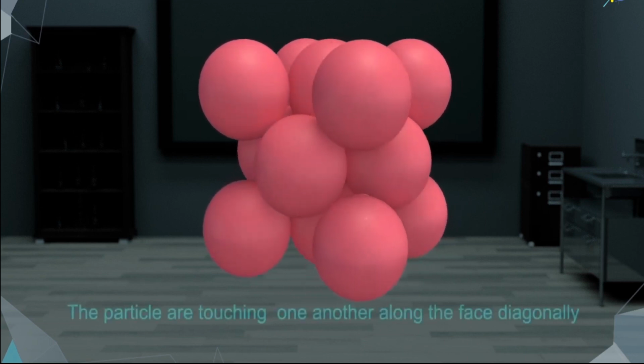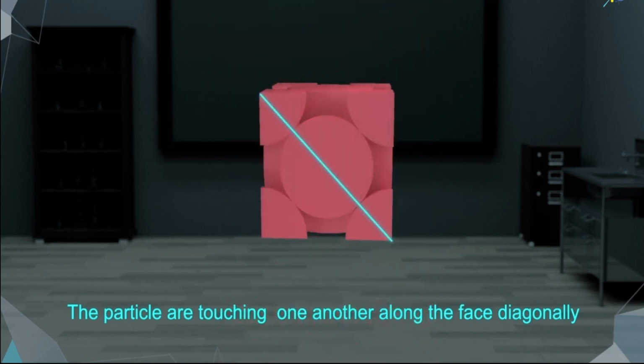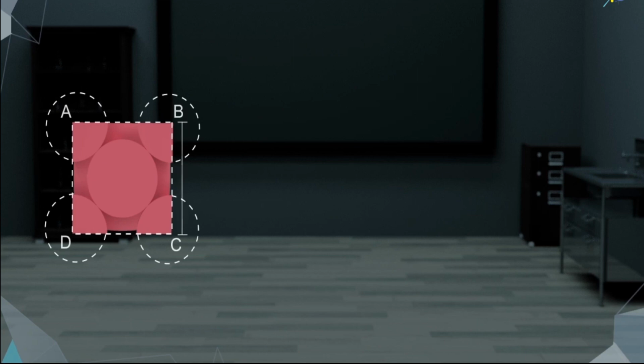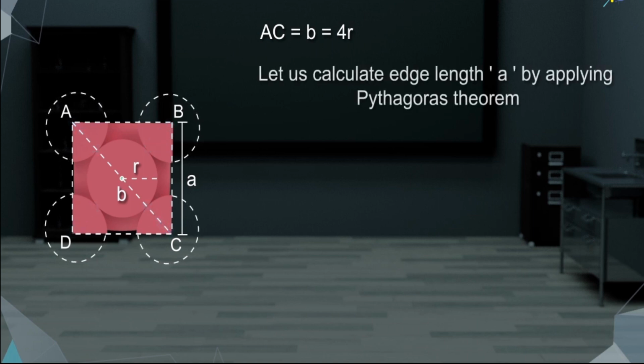In this type of arrangement, the particles are touching one another along the face diagonal. Let the edge length of the unit cell be A, the radius of each sphere be R, and the face diagonal be B. Now AC is equal to B, which is equal to 4R.